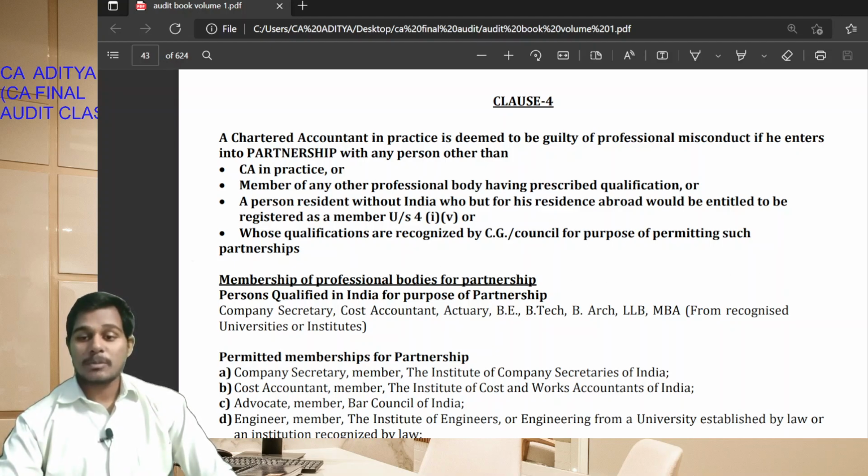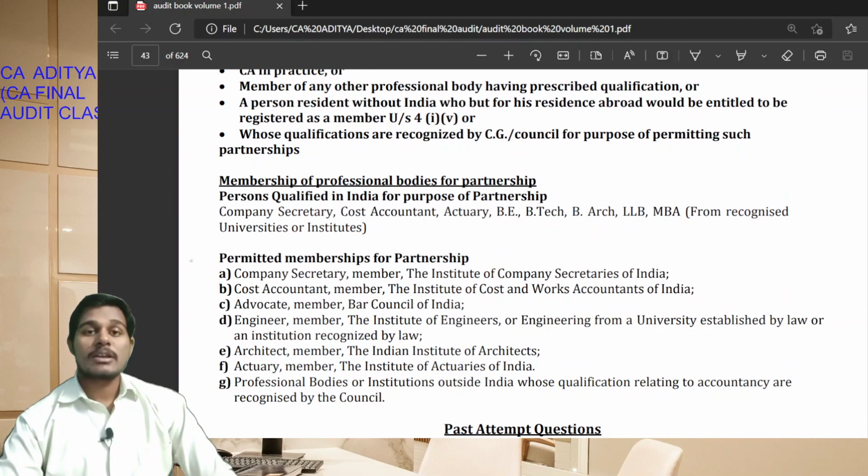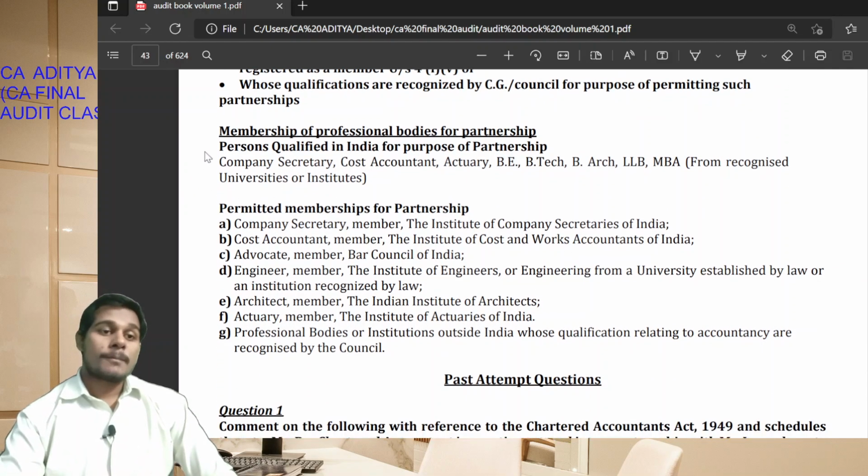Persons with whom a CA can enter into partnership, qualified in India, are: company secretary, cost accountant, actuary, BE, BTech, B Architecture, LLB, MBA. These are the permitted members for a partnership firm.